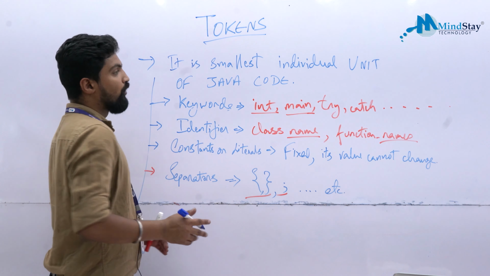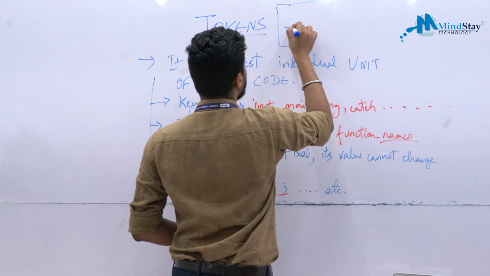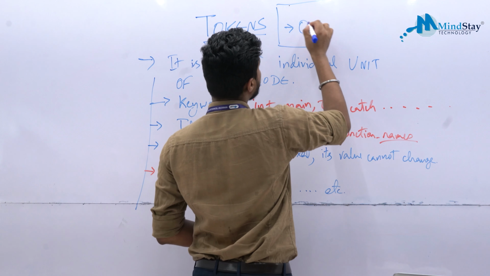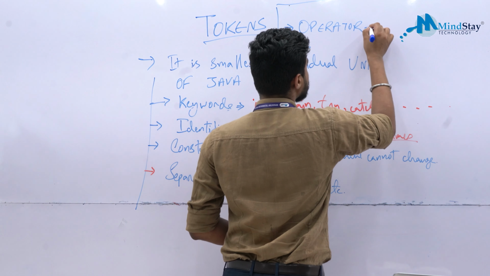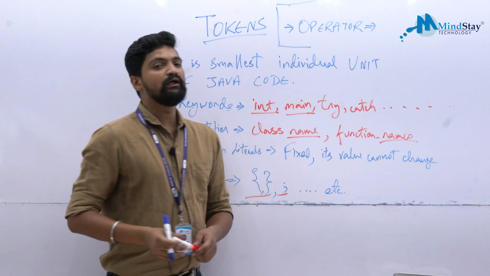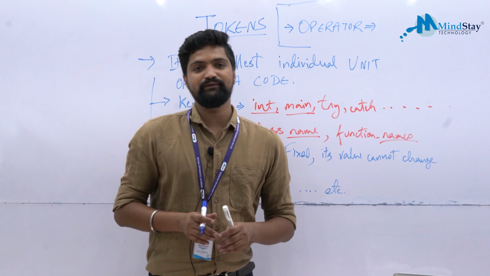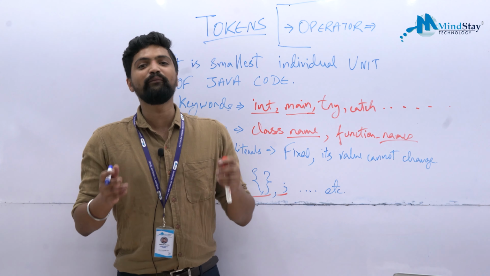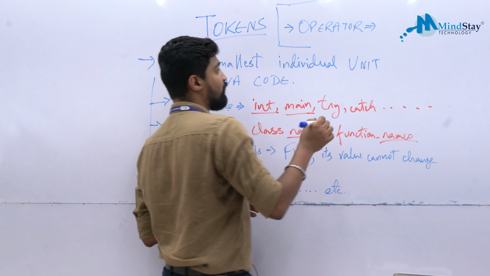Now we have one more, and I'll write it here. The fifth one is nothing but your operator. When I talk about operators here in tokens, we focus on arithmetic operators, or your mathematical operators. So what are your mathematical operators?